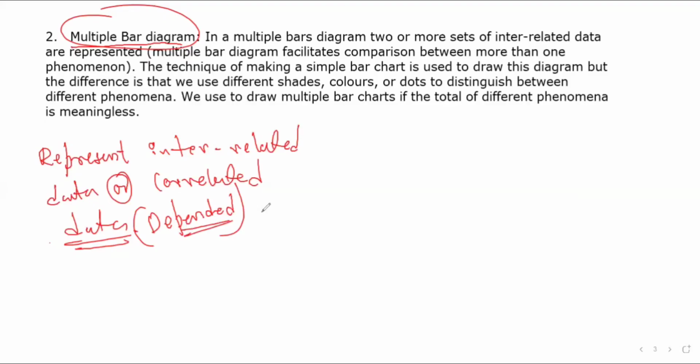To represent dependent data, we use multiple bar diagrams, right?